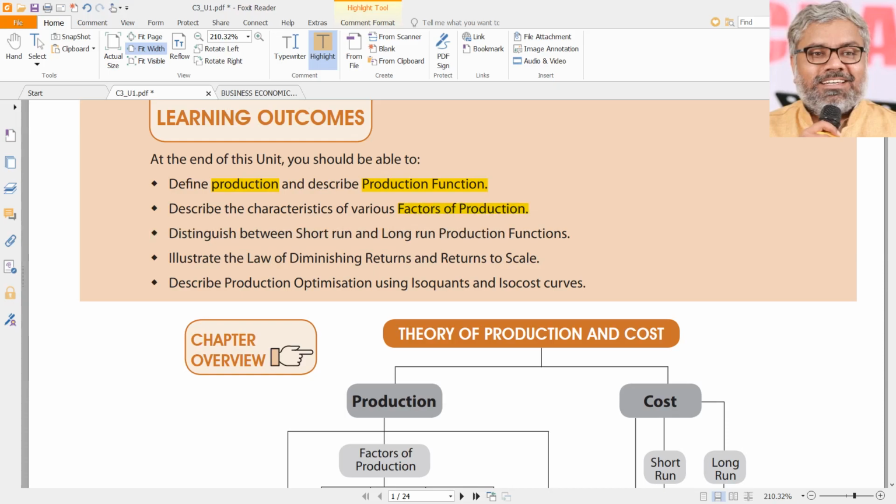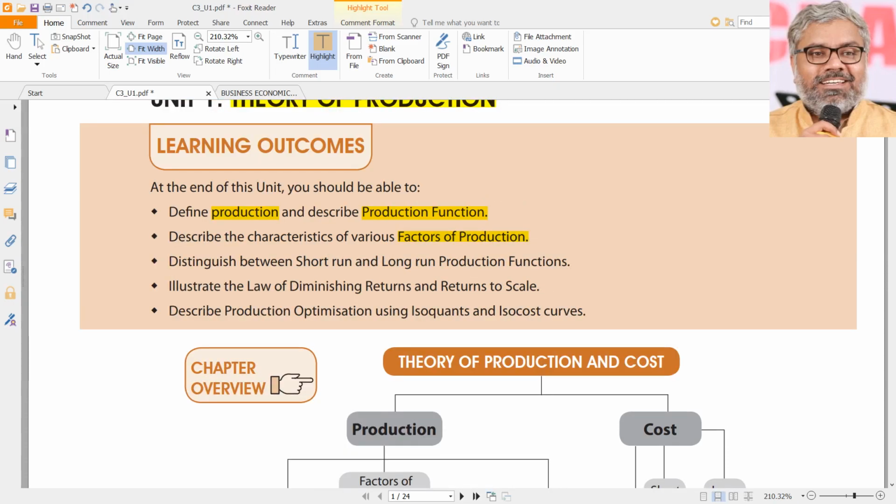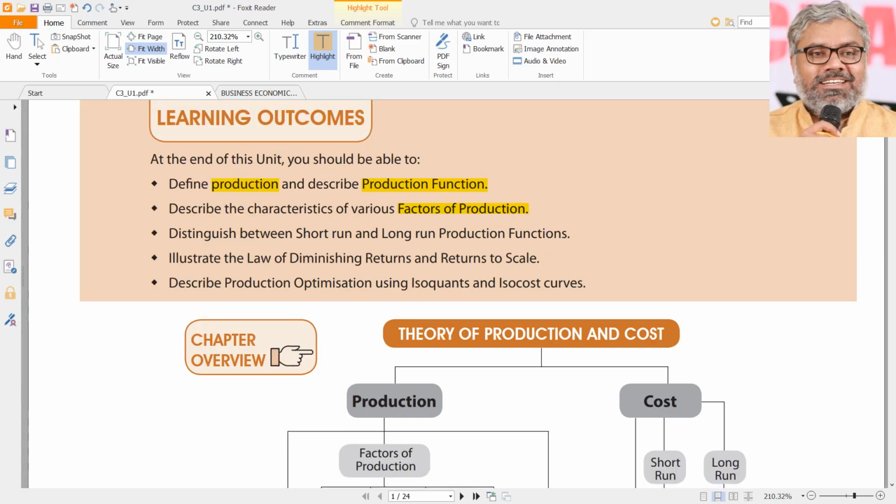As we know, there are many factors of production like land, labor, capital, organization, and what are those characteristics of those factors of production we will discuss in this chapter, and also distinguish between short run and long run production functions. So this is the real technical aspect related to the production theory. But before reaching there, we just should understand, first of all, the concept of production, and also what are different factors of production and what are their characteristics.